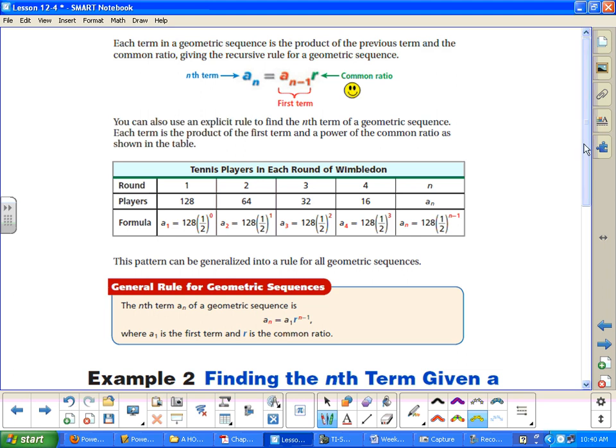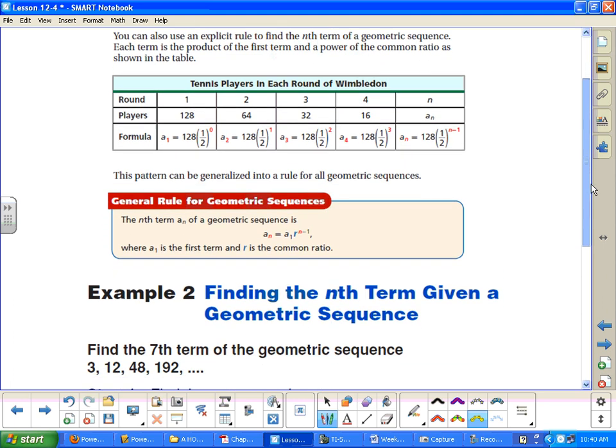Well, the general rule we're going to be using for geometric sequences is this: a sub n equals a sub 1 times r raised to the power of n minus 1. It's exponential.